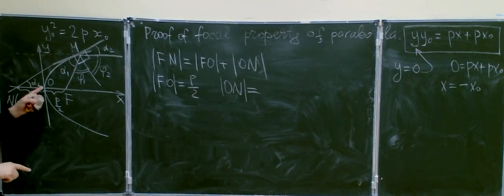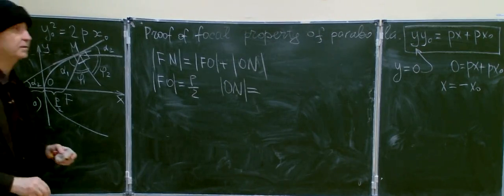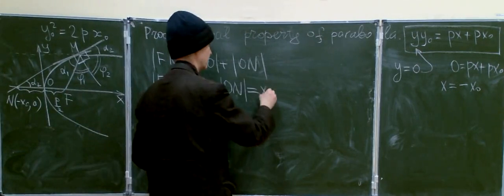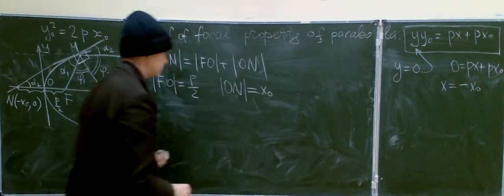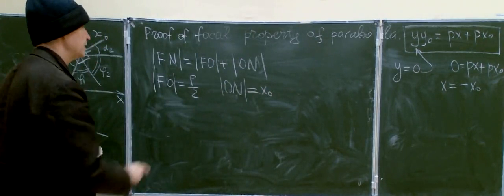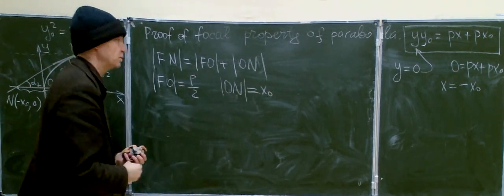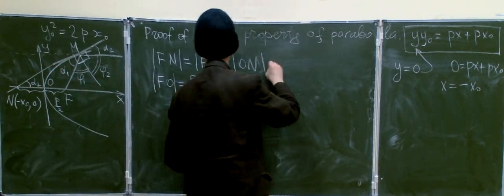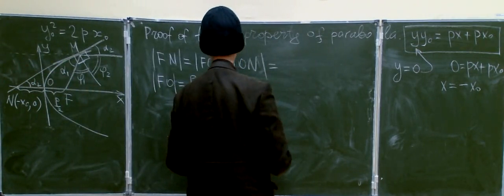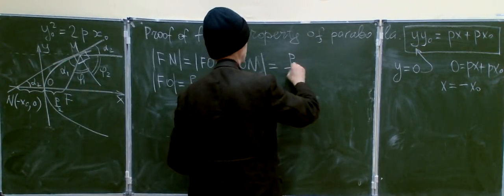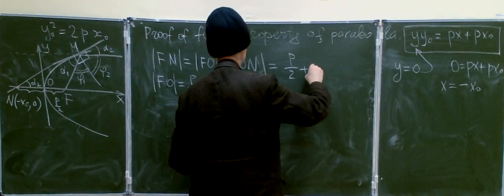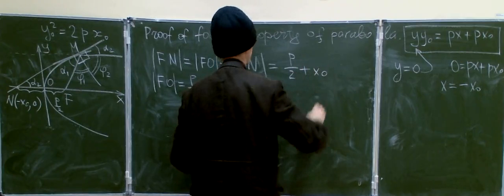Therefore, the distance from this point to this point is equal to x0. And then, substituting this value and this value to our formula, we'll find that the distance FN is equal to p over 2 plus x0.